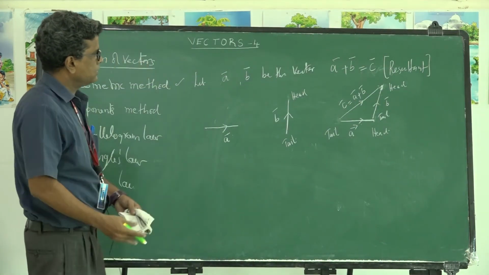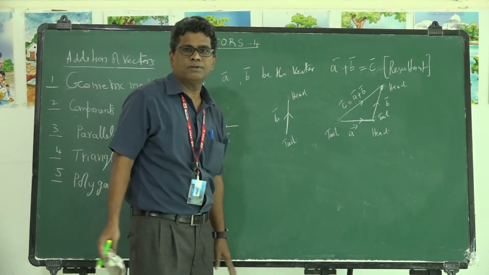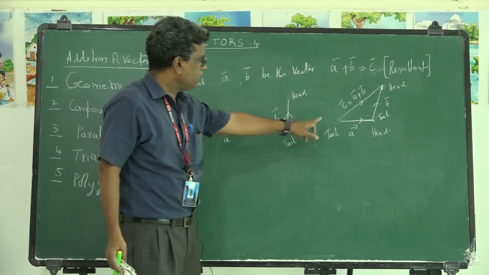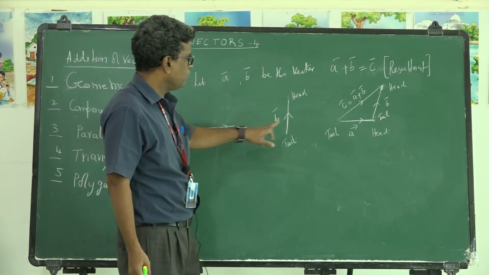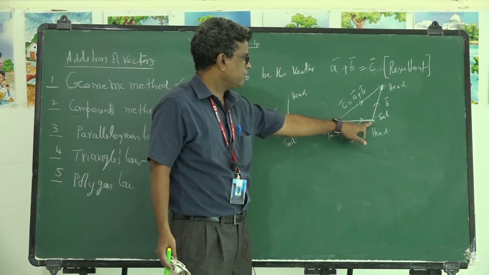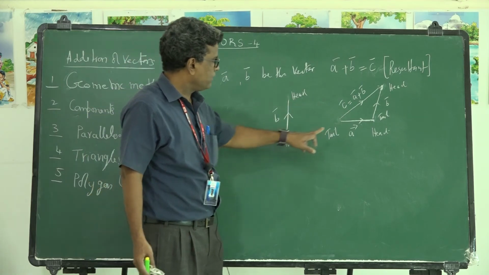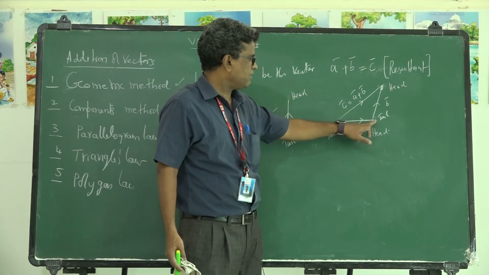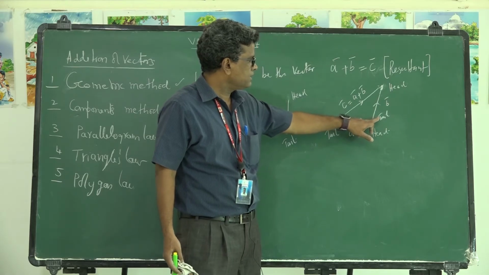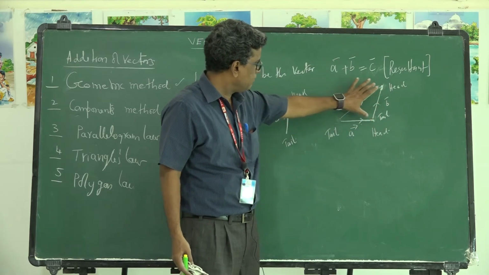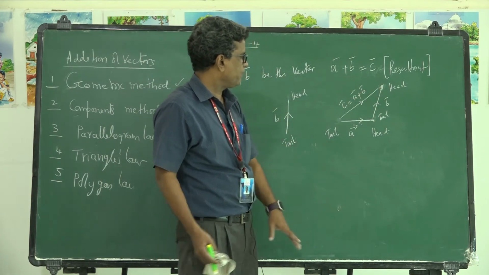So this method is called the geometric method. What does it say? Draw the first vector as it is, which represents both magnitude and direction, and draw the second vector from the head of the first vector, representing the second vector both in magnitude and direction as that of the given vector.